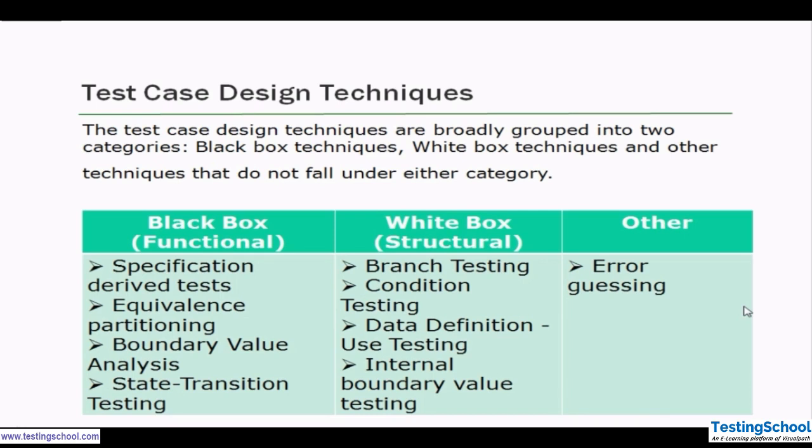Then we have the state transition testing. State transition is also a black box testing technique in which outputs are triggered by changes to the input. In other words, tests are designed to execute the valid and the invalid state transitions.